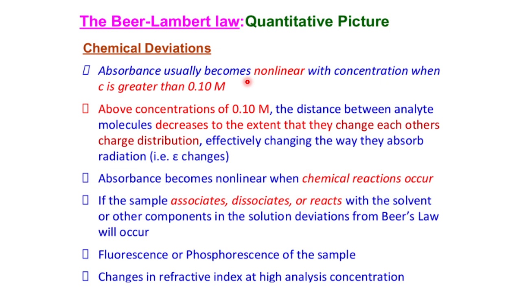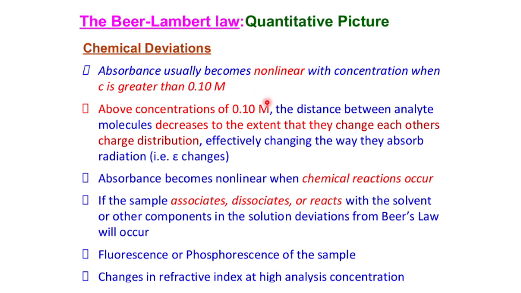When the charge distribution is disturbed, the electron transition will be disturbed, and so the absorption of the UV light will be disturbed. That's why at too high a concentration it may not be linear.